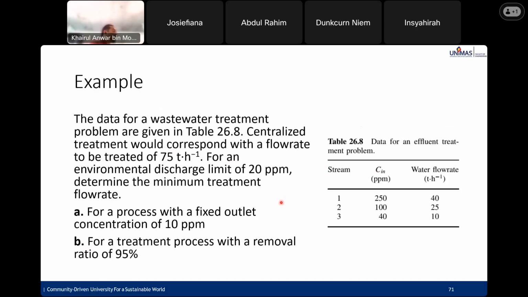This is an example for fixed outlet concentration and removal ratio of 95%. The data for a wastewater treatment problem are given in table 26.8. Centralized treatment would correspond with a flow rate to be treated of 75 tons per hour. For an environmental discharge limit of 20 ppm, determine the minimum treatment flow rate.